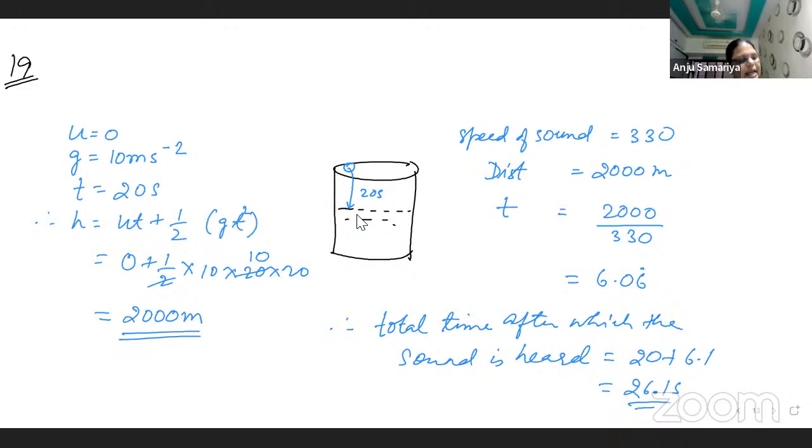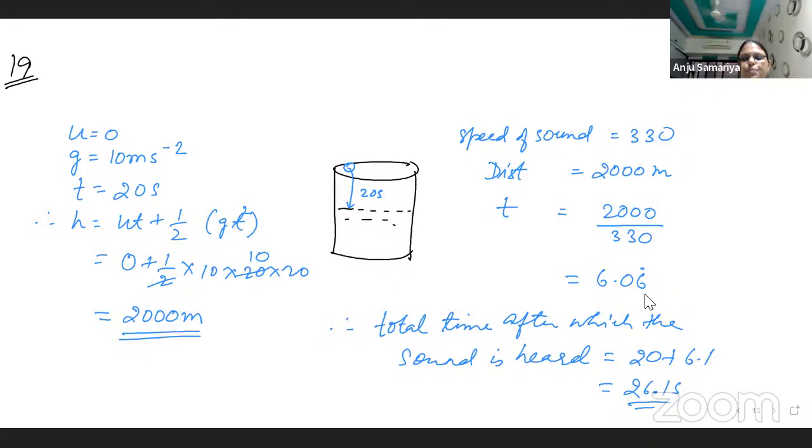Now there is a technical mistake in the question. It is given that the time when the echo is heard, it is not when the echo is heard, the time when the sound is heard. Okay, so the sound produced has to come back, right? So the distance traveled by the sound is equal to 22,000 meter. Speed of the sound is 330.